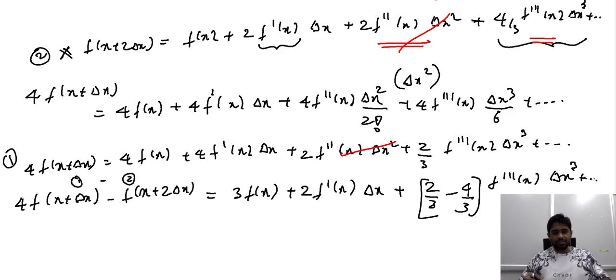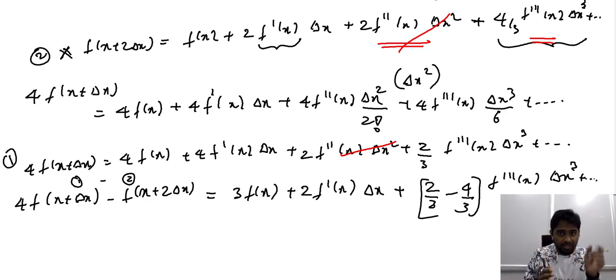So we have considered f of x plus 2 delta x, and f of x plus delta x, which we have multiplied by 4. The reason we have considered 4 is that we have to get rid of a specific term in order to ensure that our order of error is similar to that associated with central difference. That's the reason we multiplied 4 to the f of x plus delta x.